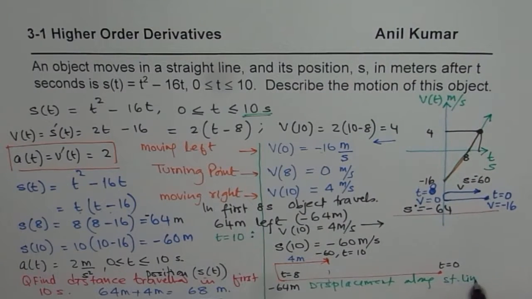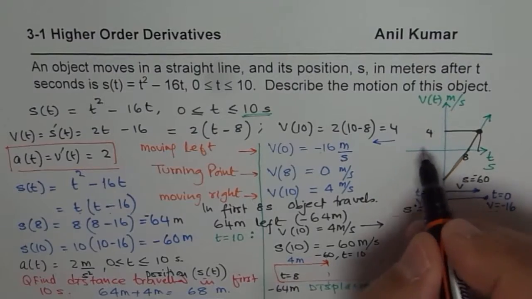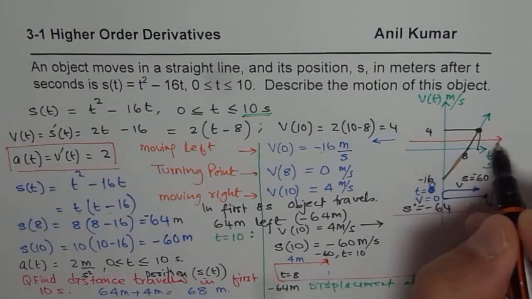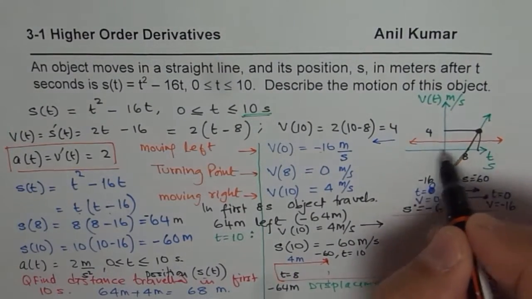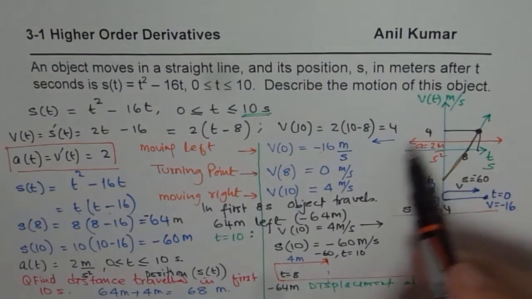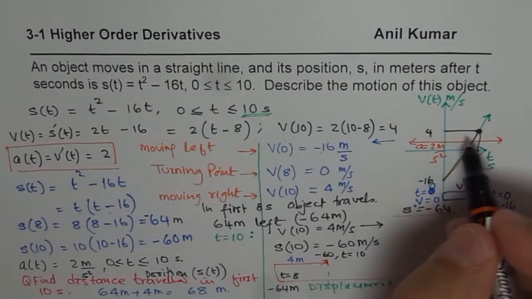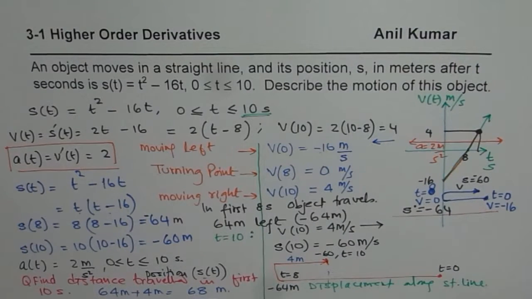So that is the displacement graph for you, that is the velocity graph for you, and acceleration is, as you know, 2. So let me just draw a graph here for acceleration. That is acceleration A equals 2 meters per second squared. Of course, we should have drawn them separately, but on the same scale you could represent it, right? So I hope with this you understand.